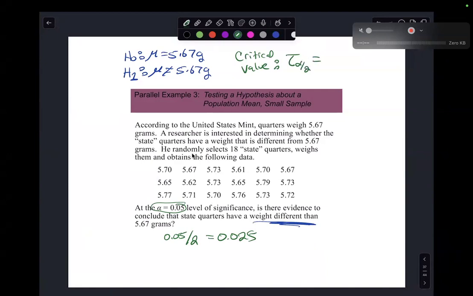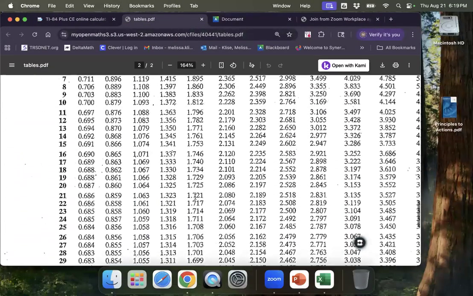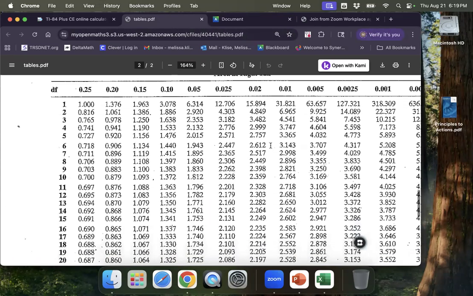We're going to do 17 degrees of freedom because this is a t value, 17 degrees of freedom, 0.025. Are we all good? Okay. 0.025 is right here, 17 degrees of freedom. My critical value is 2.110.